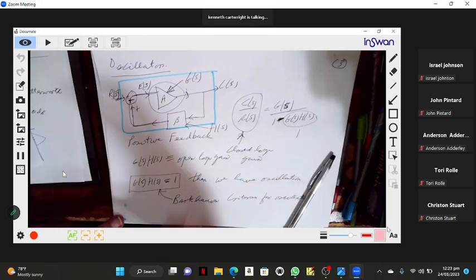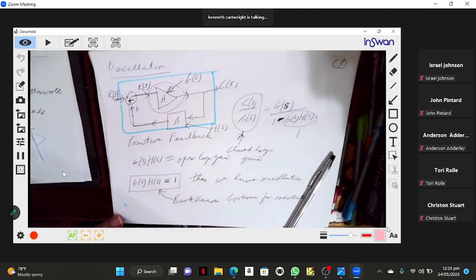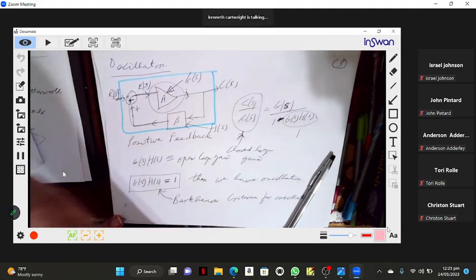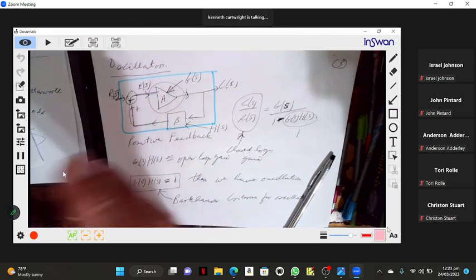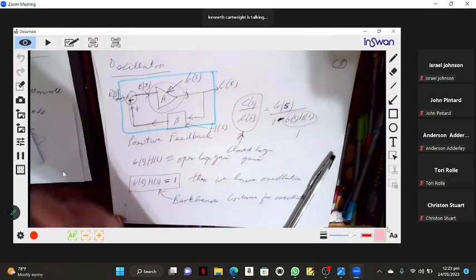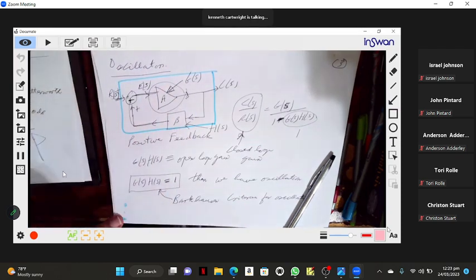To create an oscillator, you want the open loop gain to be 1. You don't want this in a feedback control system, because then you'll have an output even though there's no input. But you want this in an oscillator.